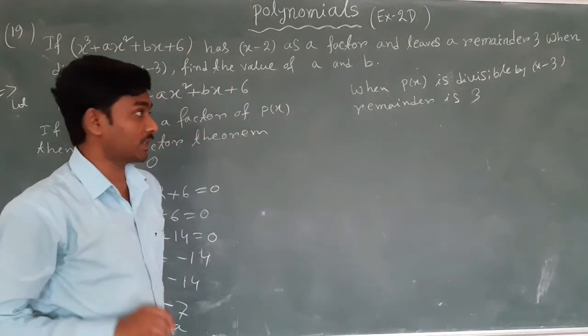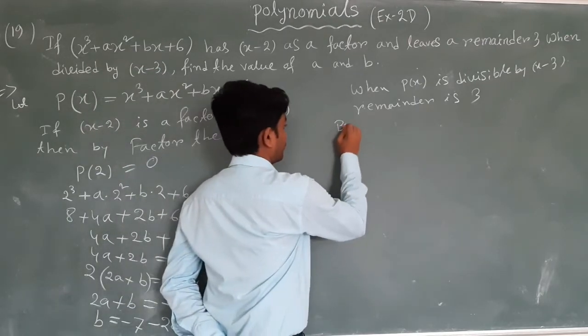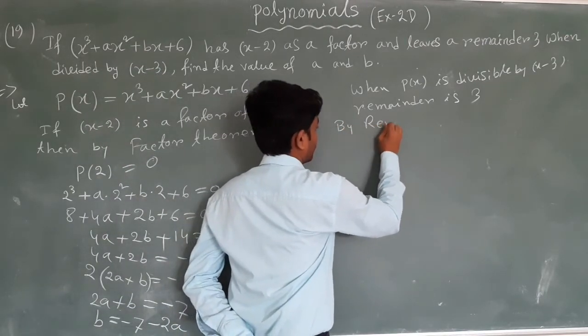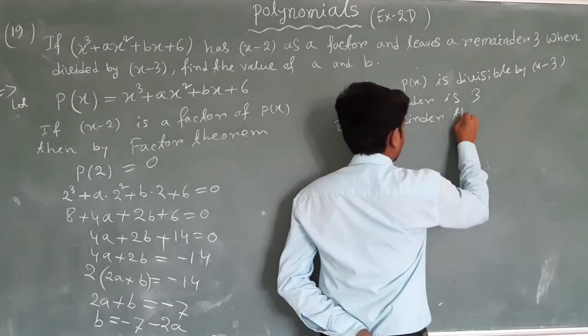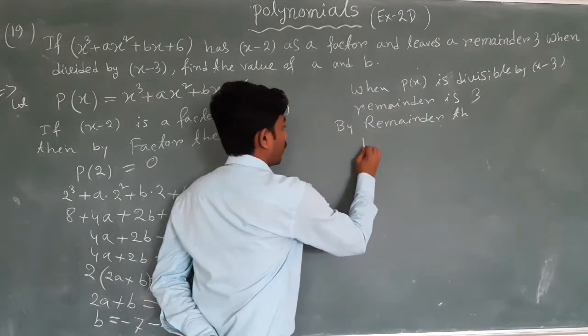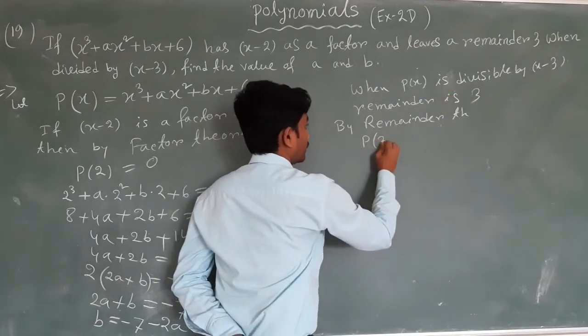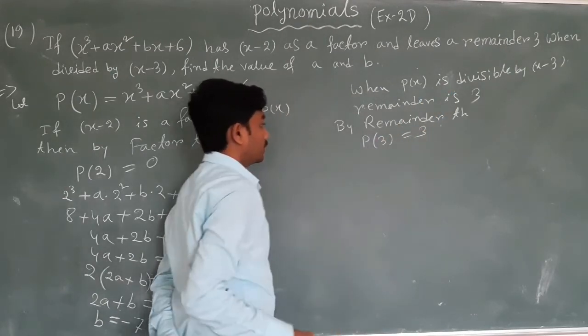So by remainder theorem, p of 3 is equal to 3.